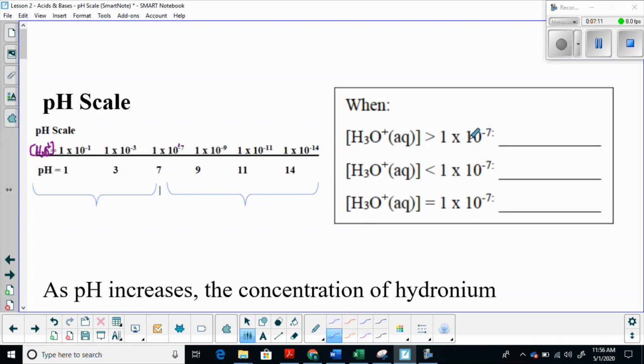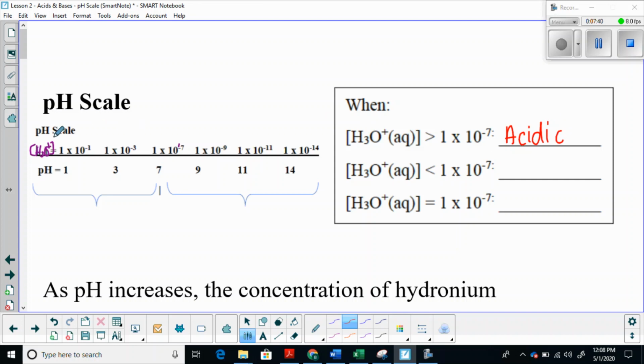Now, let's take a look at this concentration. When your hydronium concentration is greater than 1 times 10 to the negative 7, it is going to be considered acidic.